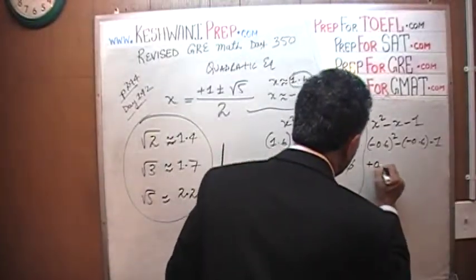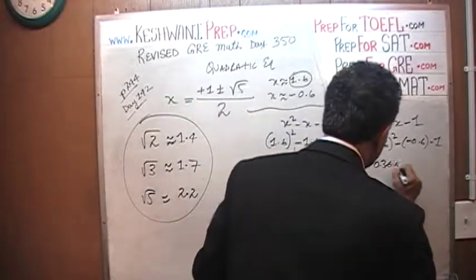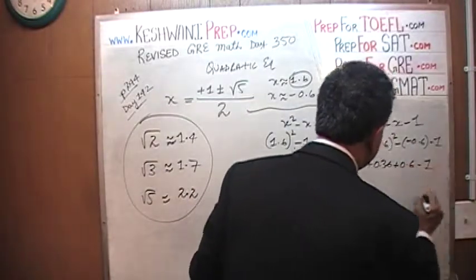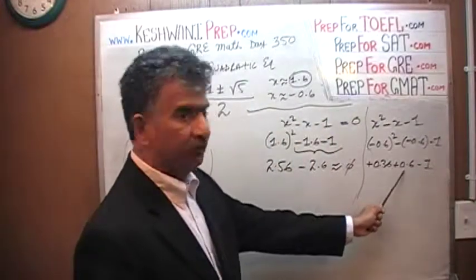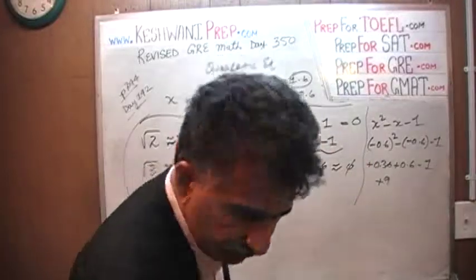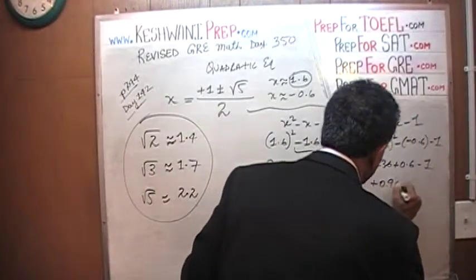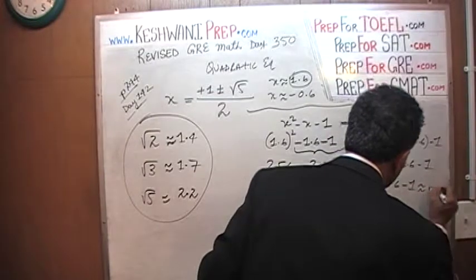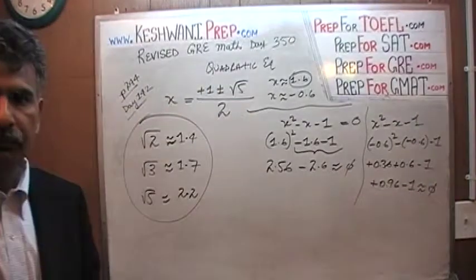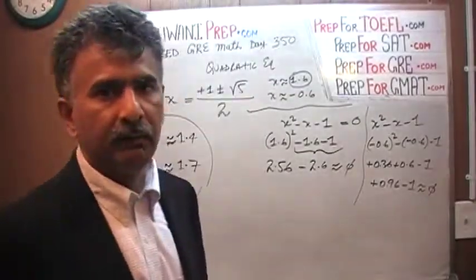So plus 0.36, and negative times negative is going to be plus 0.6, minus 1. And 0.36 plus 0.6 is going to be 0.96. 0.96 minus the 1 is approximately 0. There you go, you see? It works. It's verified. It's going to get very close to it, but not quite, because of the fact that we are approximating here.